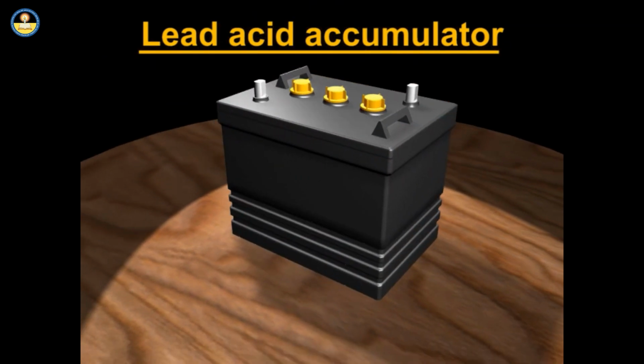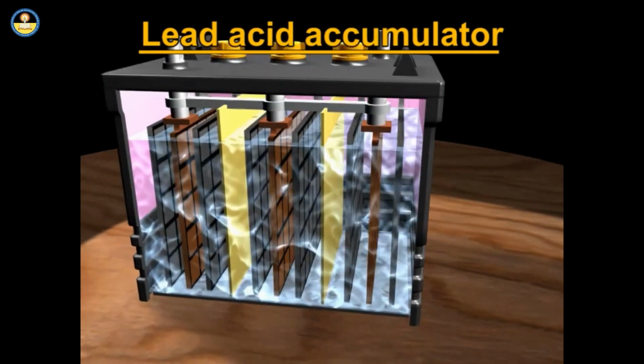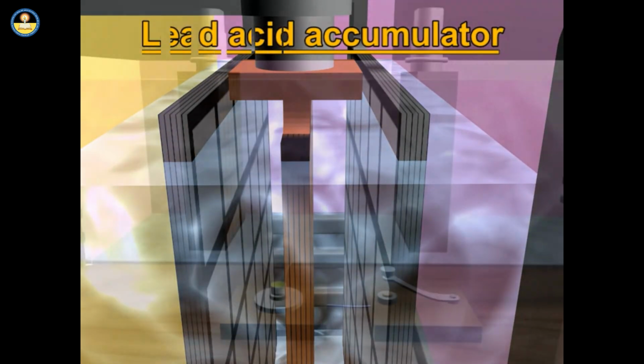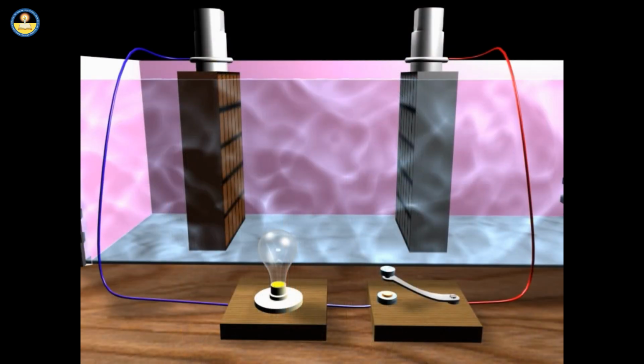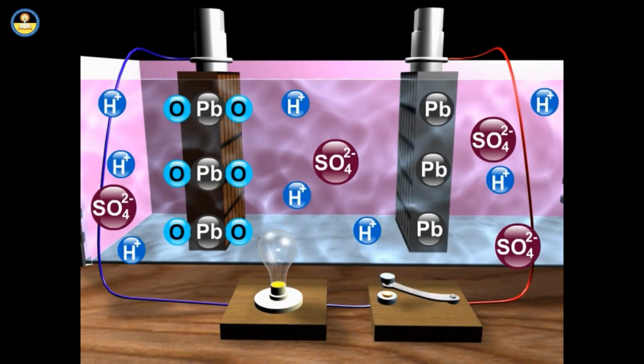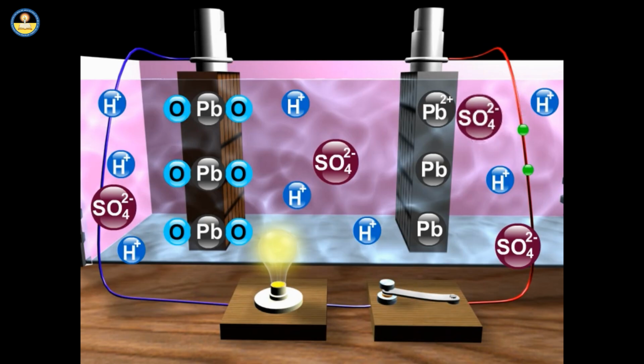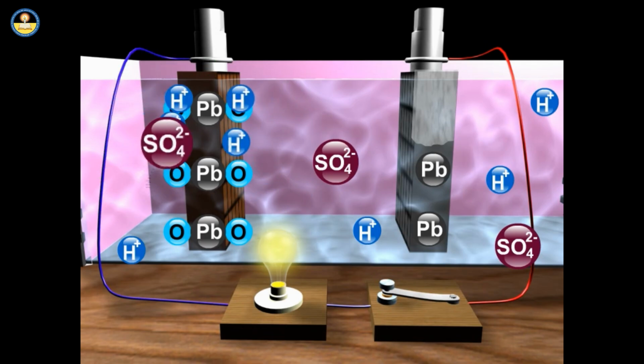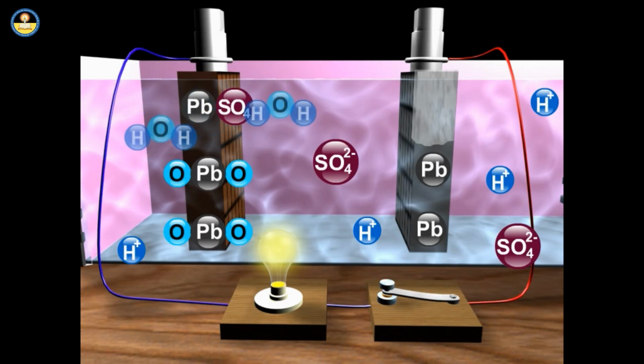Now, let us try to understand how it gets discharged. When the connection is made, lead loses its electrons and forms lead sulfate. When these electrons reach the lead oxide cathode, they react to form lead sulfate and water.